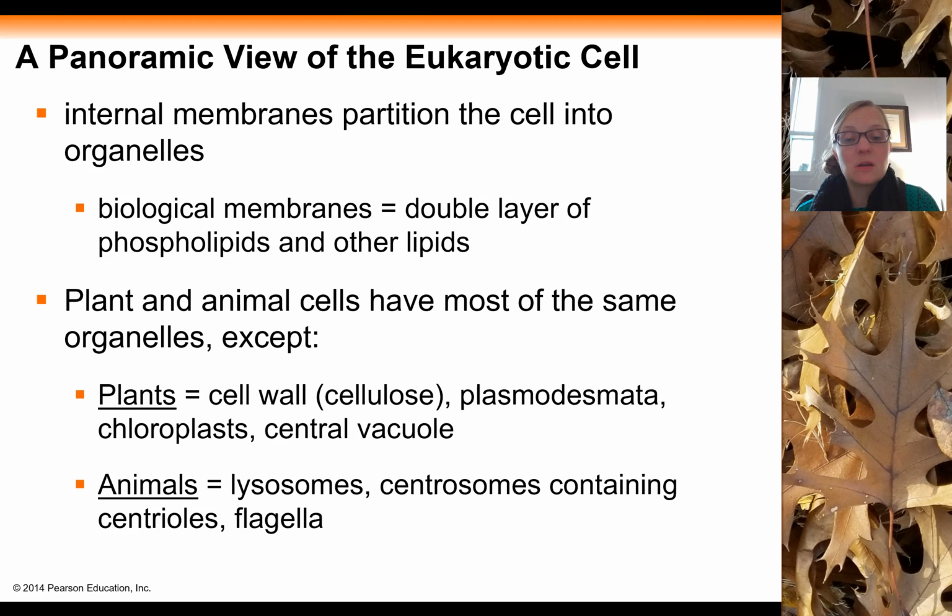It builds these things called microtubules, and sometimes the centrosomes are going to hold these structures that are called centrioles. Centrioles are also little microtubule structures inside of those centrosomes. And then lastly, animal cells are more frequent to have flagella. There are some plant cells that have flagella, but this is more frequently found in animal cells.